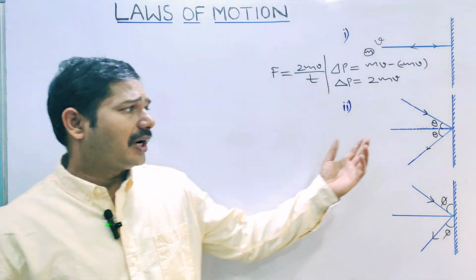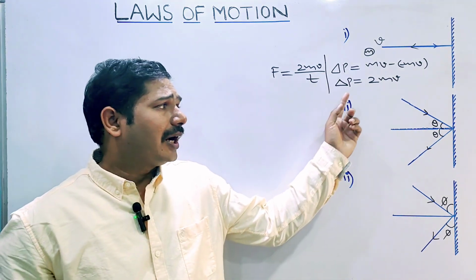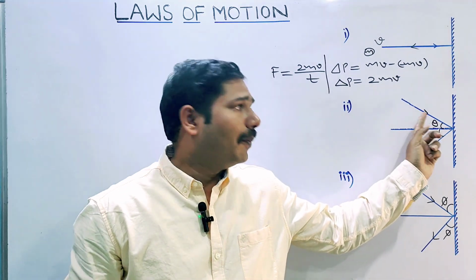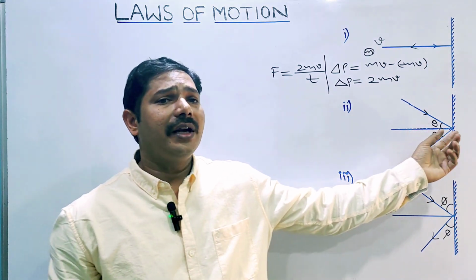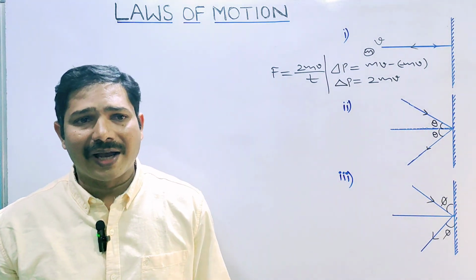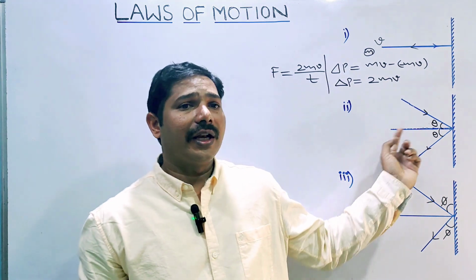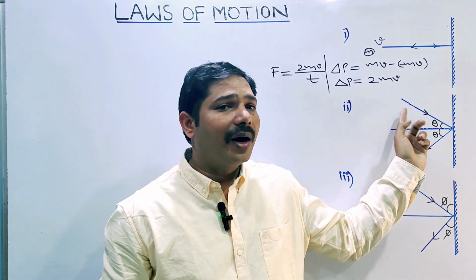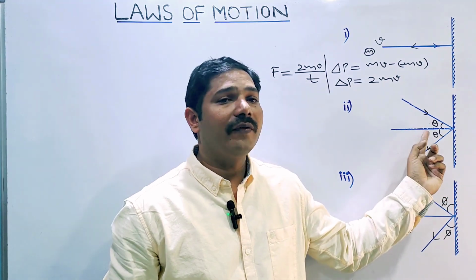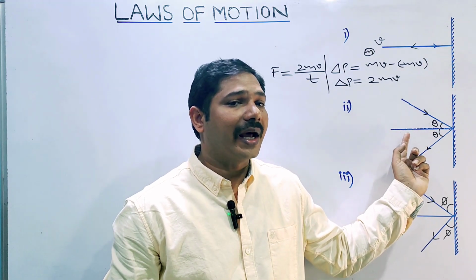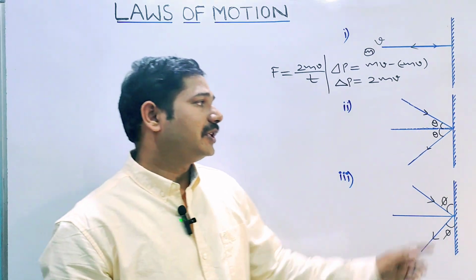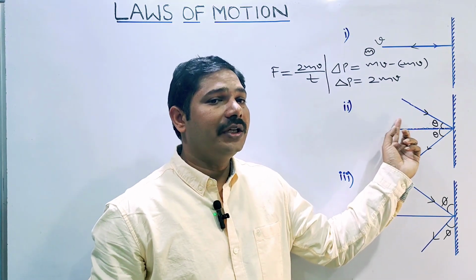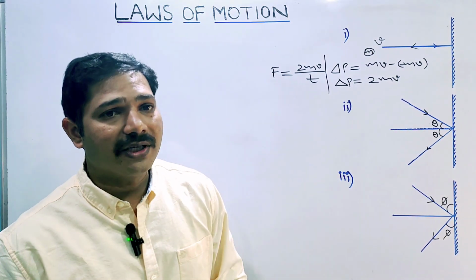Next, another case: the body moves at a certain angle with the normal, making an angle theta with the normal, and it rebounds with the same angle. Here the horizontal component means we get cos angle.